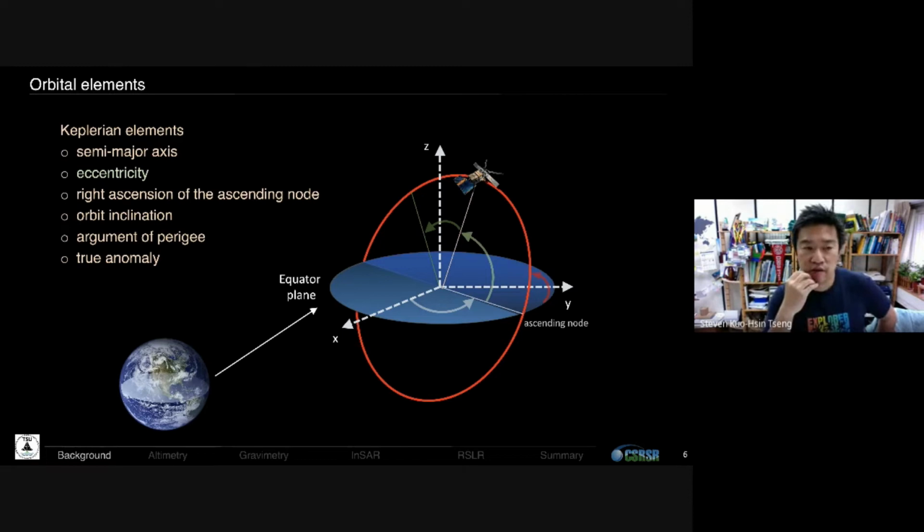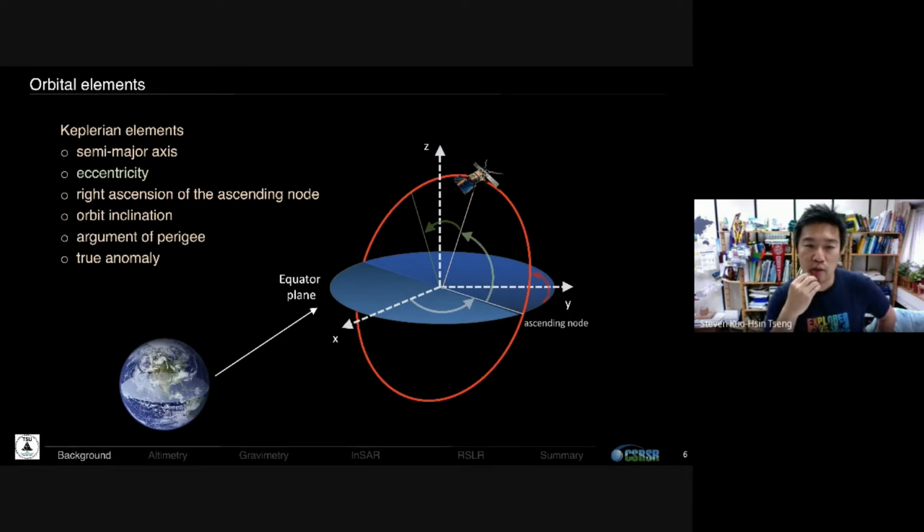And the argument of perigee and the true anomaly mainly describe where the satellite currently is compared to the ascending node or to the equator. So if you are interested in orbital mechanics and want to understand more about the orbital data, the ephemeris, then you can take other courses that introduce those elements.